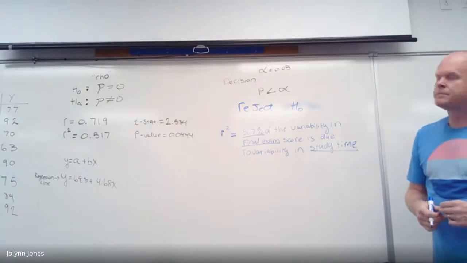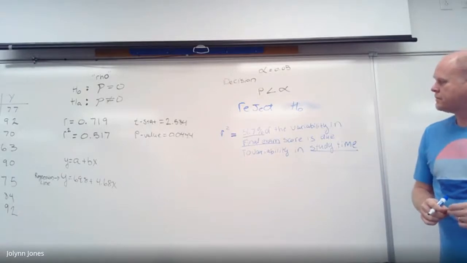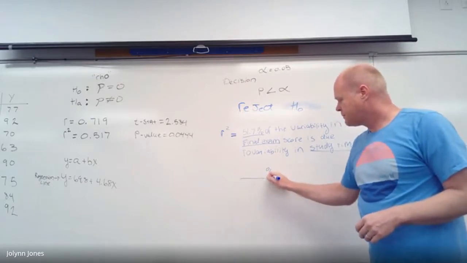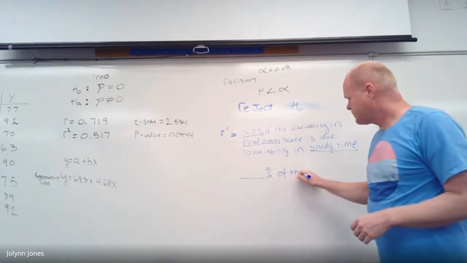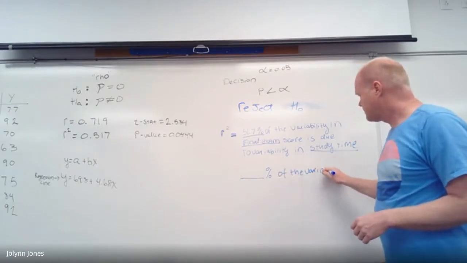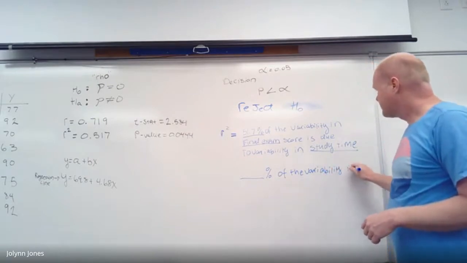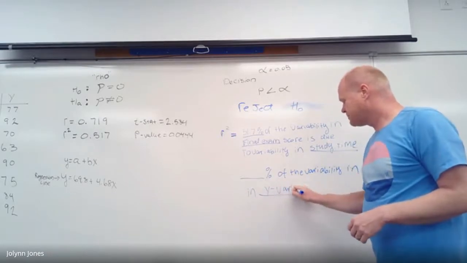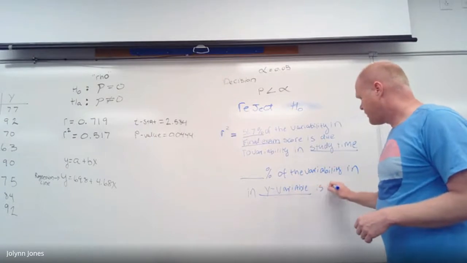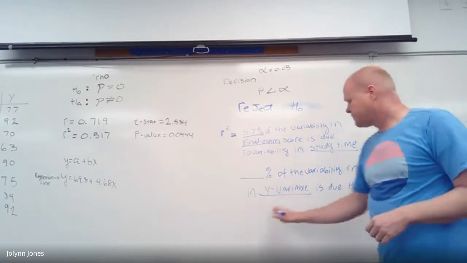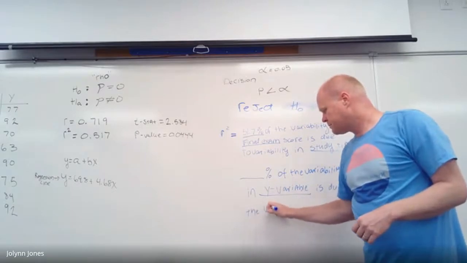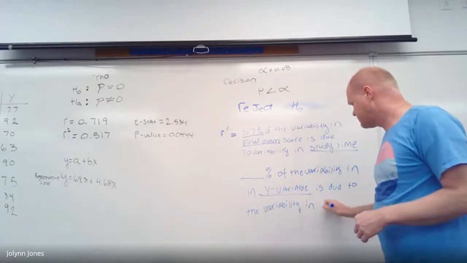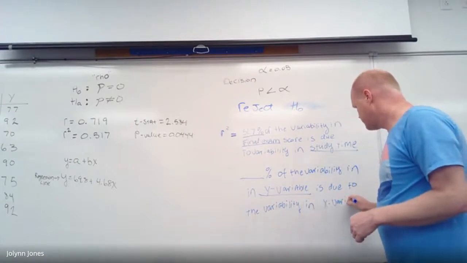Yeah, so you would write out the fill in the blank one like you do for Math 1. This is your basic fill in the blank interpretation. Blank percent of the variability in the Y variable, whatever the Y variable is representing, is due to the variability in the X variable, whatever the X variable is.